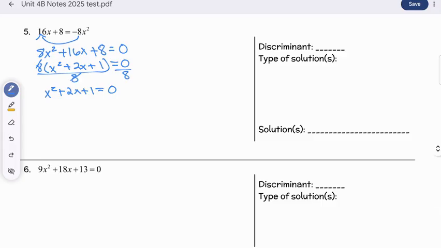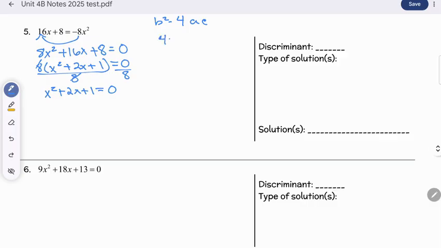All right, so my discriminant is going to be b squared minus 4ac. Let's make that a little bit nicer, huh? All right, b squared. So here my b is going to be 2.